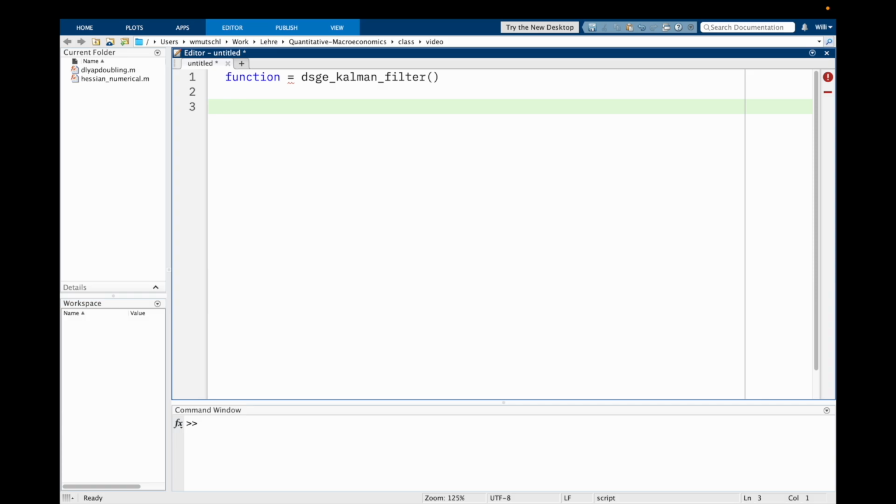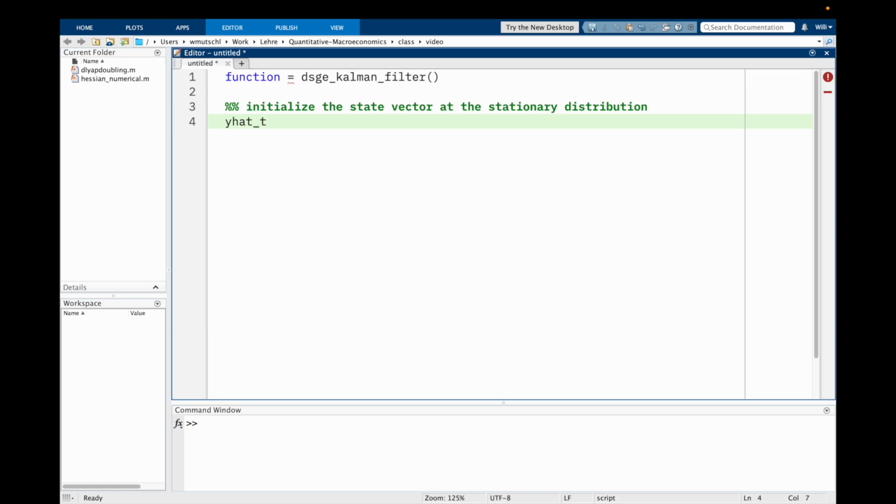So first of all, we've discussed that we need to initialize the state vector somewhere. This is rather arbitrary, but good practice is to initialize the state vector, the y hat, at the stationary distribution. So let's call this y hat 0 given -1, but let's keep the notation here for tm1.